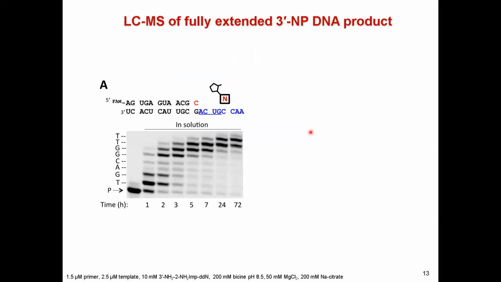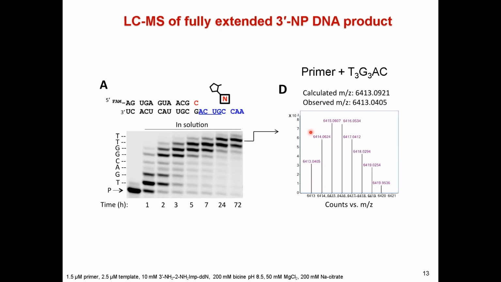So that's great that we're extending, but are we doing this in high fidelity or not? And so what we did is just general mass spectrometry on this band here. And what we were able to show is that it is the primer plus the right composition. Now, this doesn't give you an idea of fidelity per se, because the sequence could be scrambled, but we did have evidence that if you do hit a mismatch, the activity of further or subsequent extension is much slower.